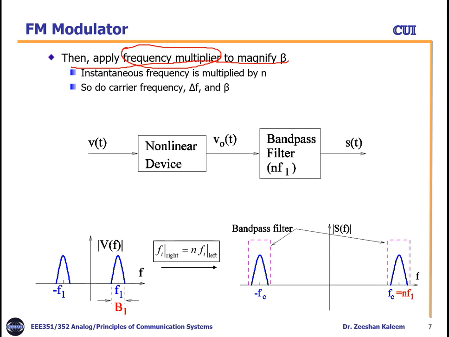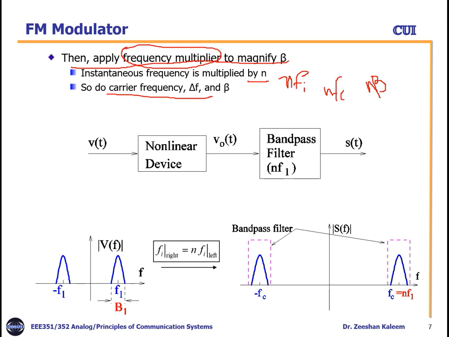The instantaneous frequency is multiplied by n. So if you have an instantaneous frequency fi, it will be multiplied by n, and so are the carrier frequency, delta f and beta. In other words, fc will also be multiplied, and beta will also be multiplied, by passing through this multiplying factor multiplier.